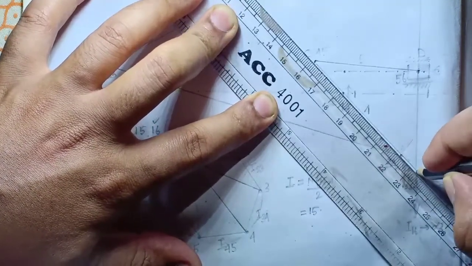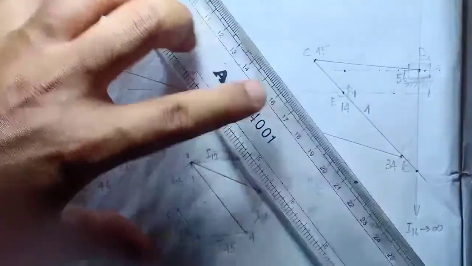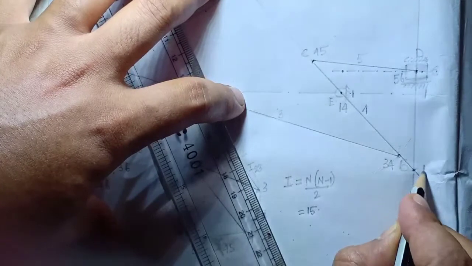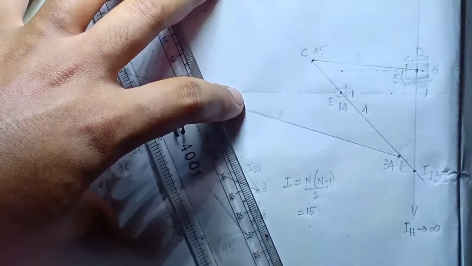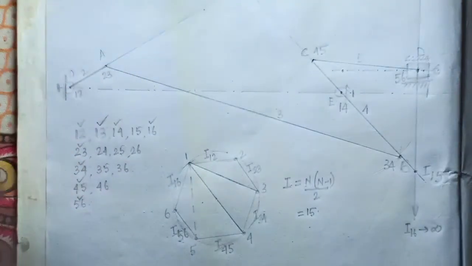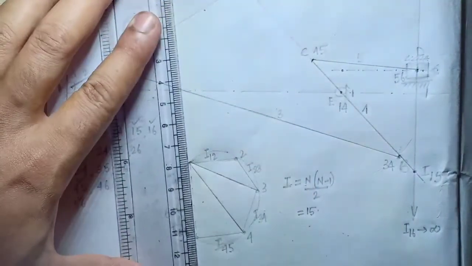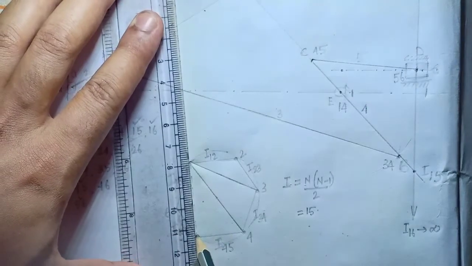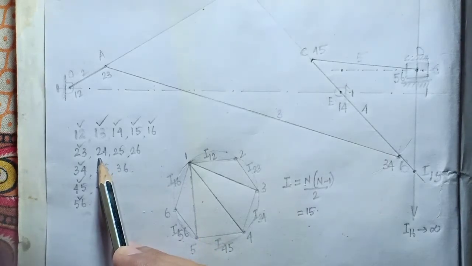So here is the intersection point. This is the point of I15, correct, guys? So I15 is now a known value.